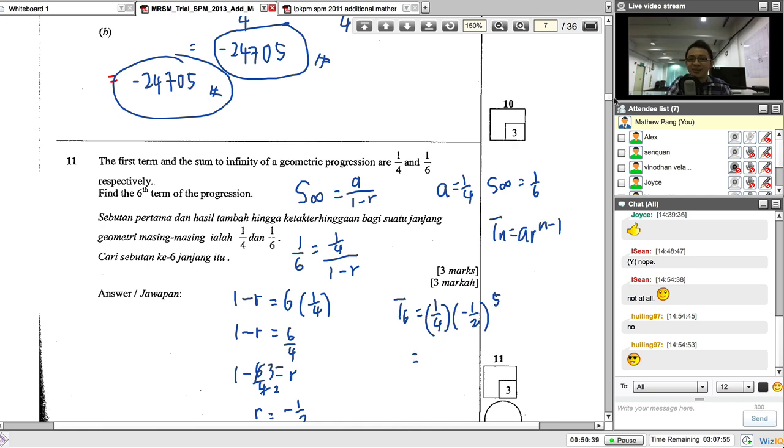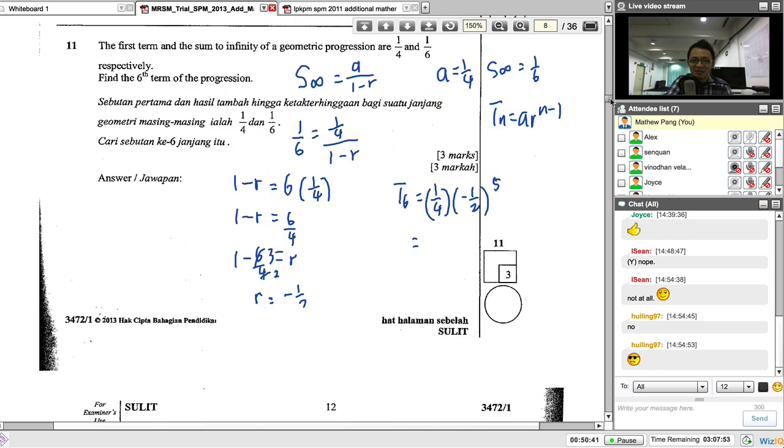Wow, this question, the answer seems to be in fraction. So this is 1 over 4, and negative 1 over 2 to the power of 5 is negative 1 over 32. You just multiply, so you got negative 1 over 128. I think this is the answer, although it seems a bit weird.